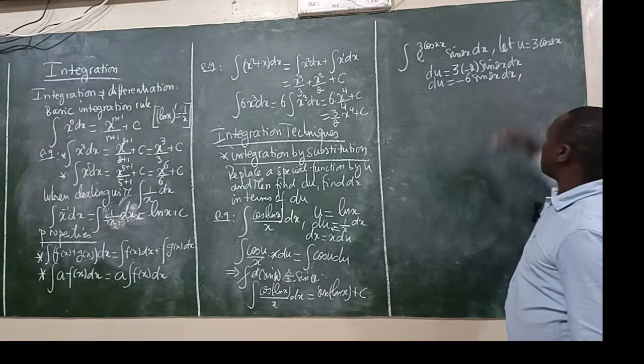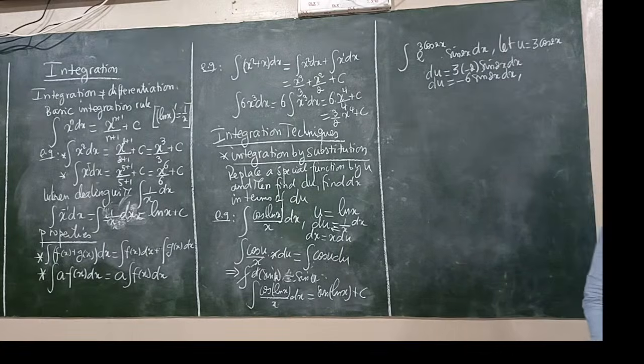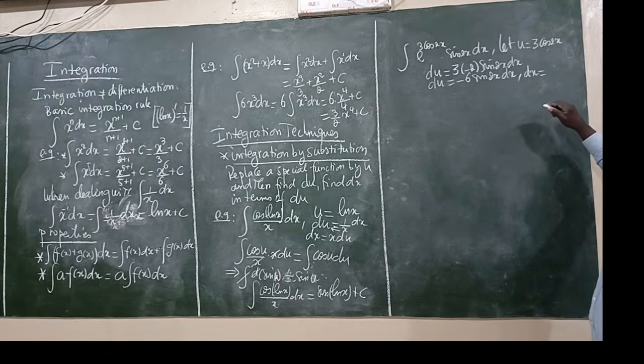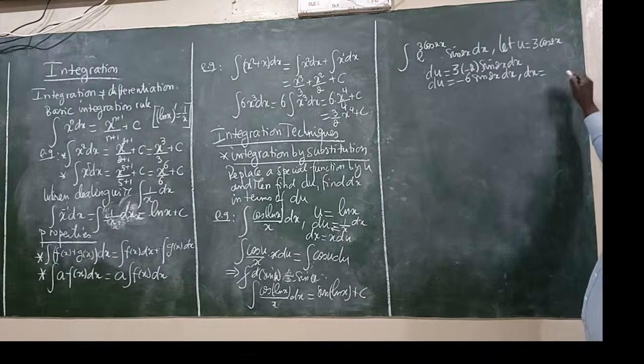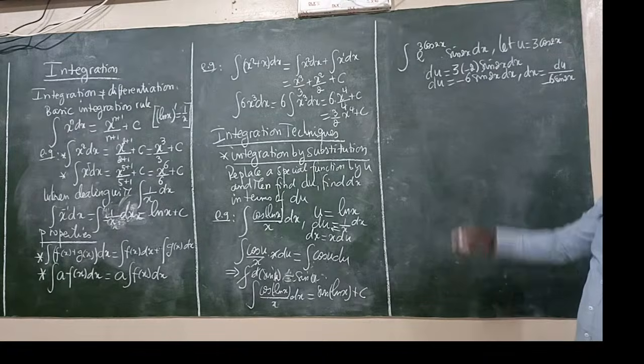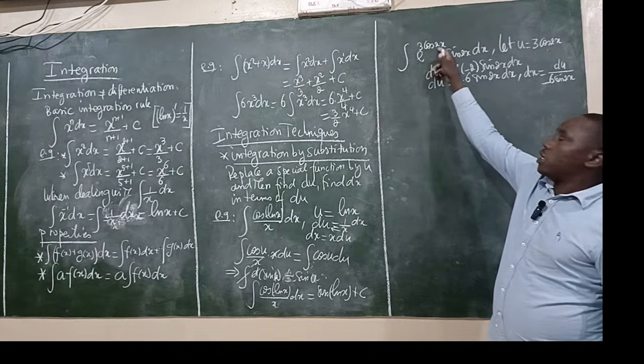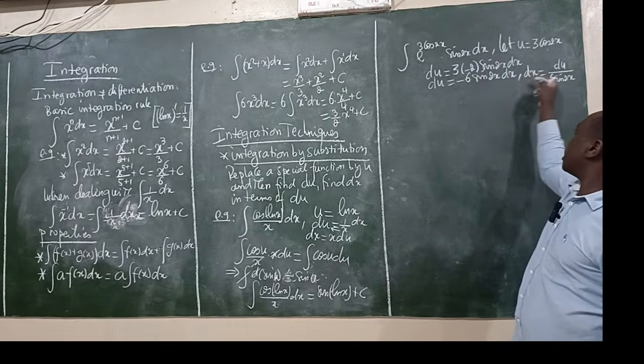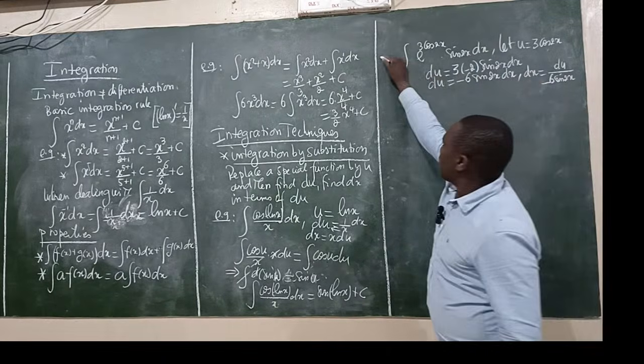The question is, what is dx? Dx is going to be du over minus 6 sine 2x. Now, we are going to replace u and dx by these values. Here is example 2.